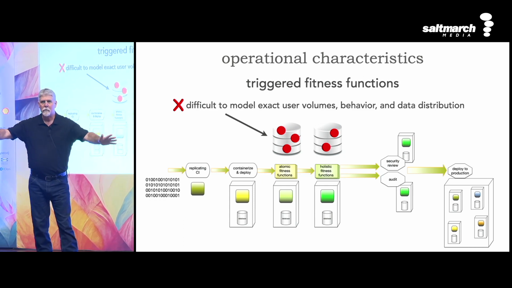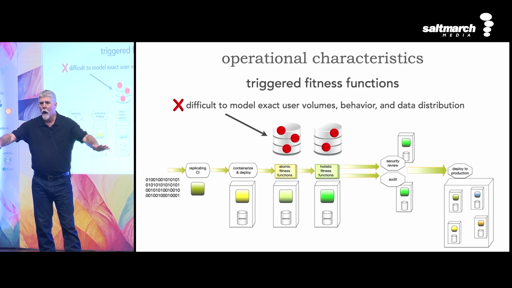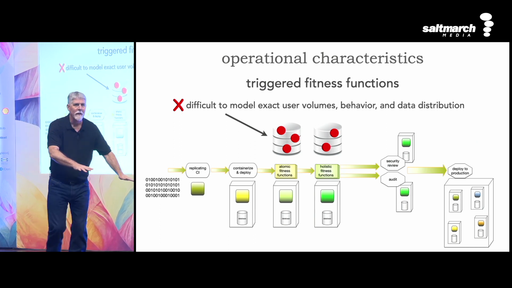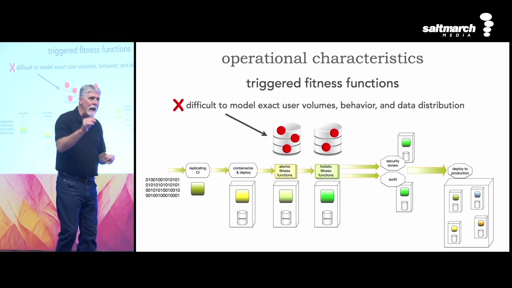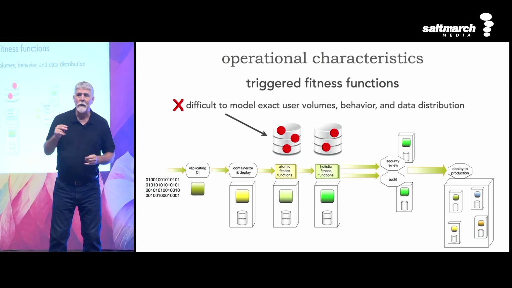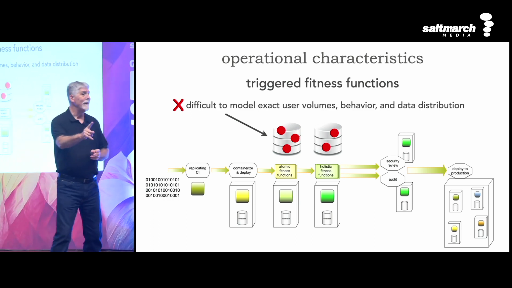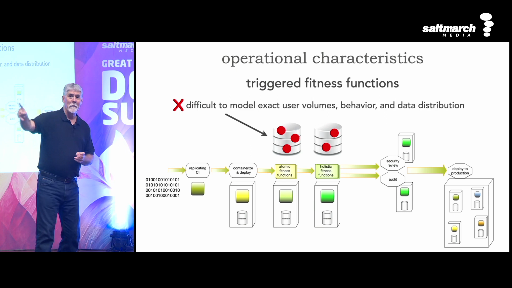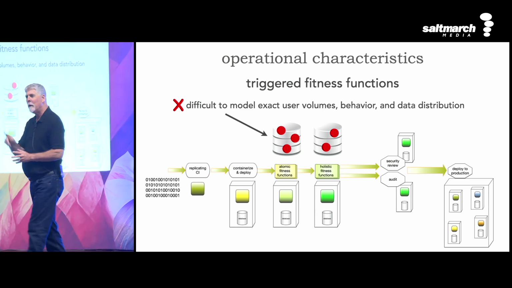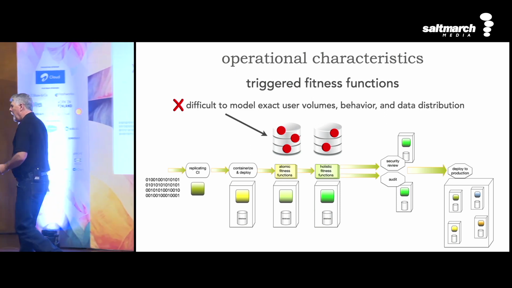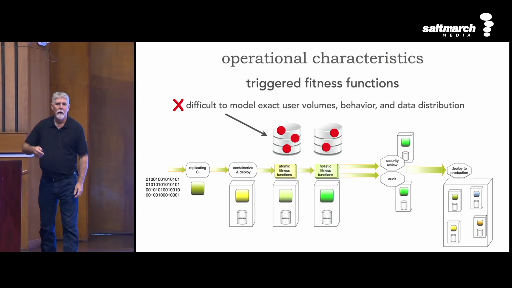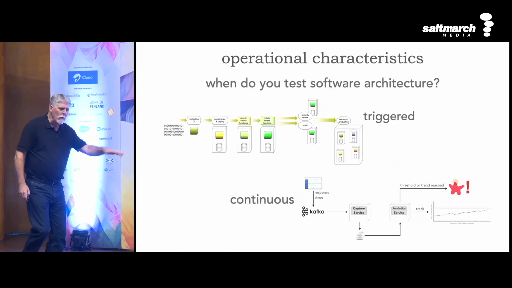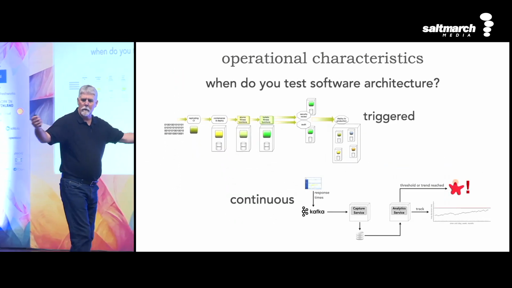No, the system's perfectly fine. The flaw was with our testing. So that's the negative of triggered fitness functions. But that software doesn't get released if there's a problem. Okay. Let's take a look now at continuous. Those that run in production, they're running right exactly now.